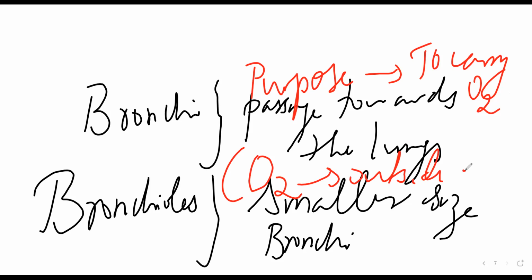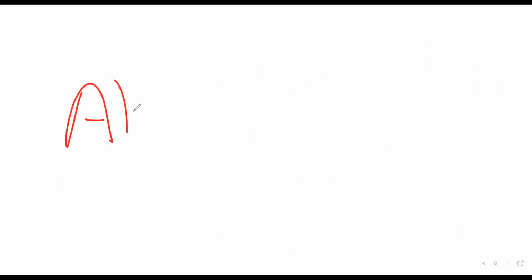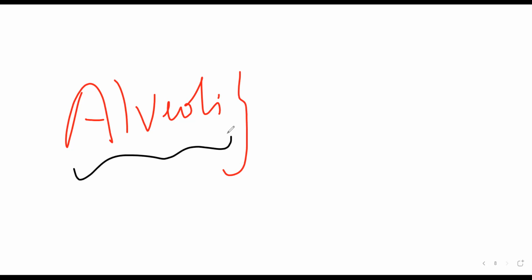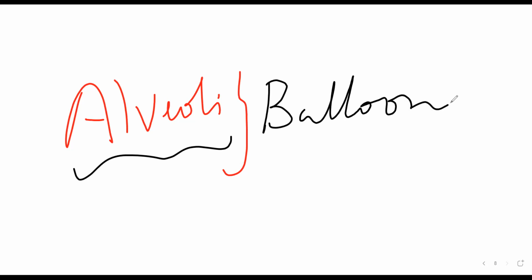And then I have shown you something called alveoli in the diagram. There is still a movement of carbon dioxide and oxygen within my lungs. These are balloon-like structures which maintain the balance of oxygen and carbon dioxide.